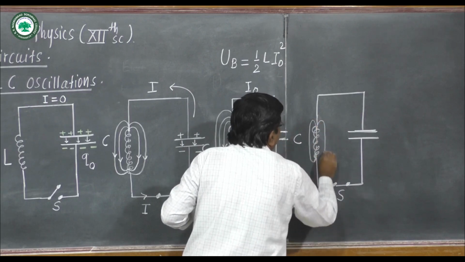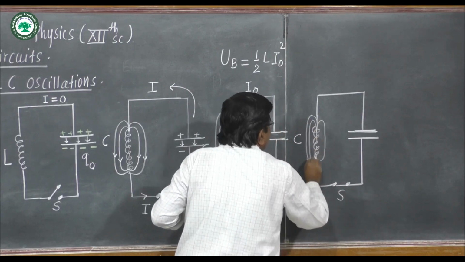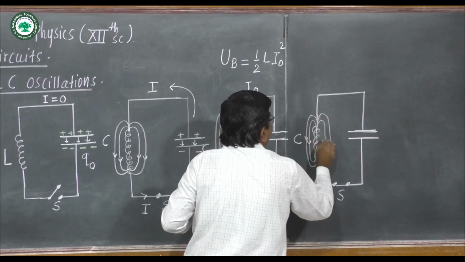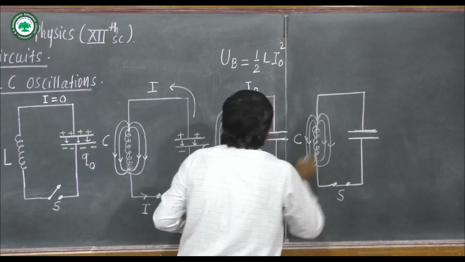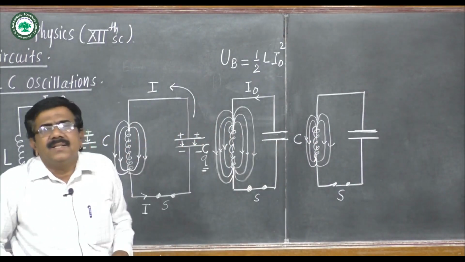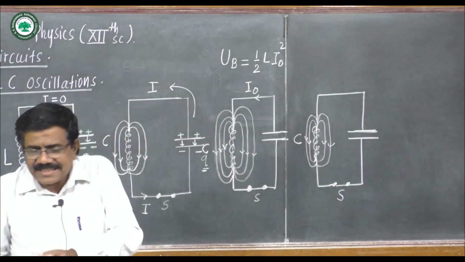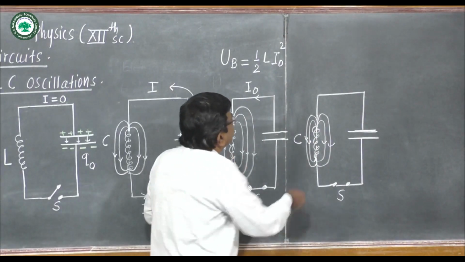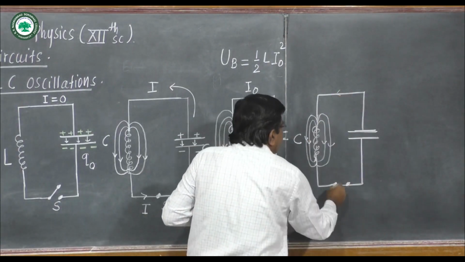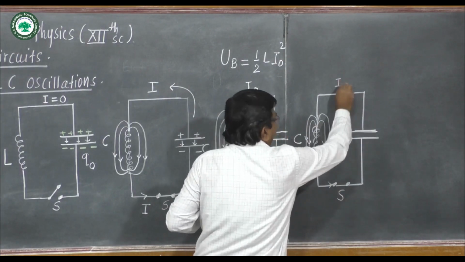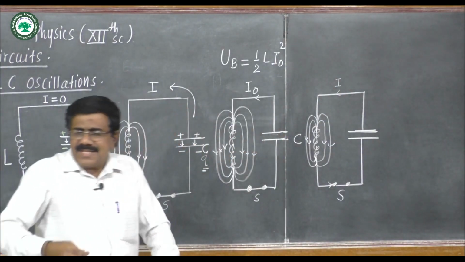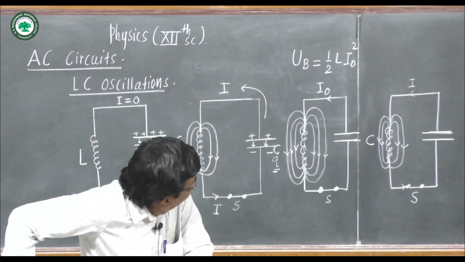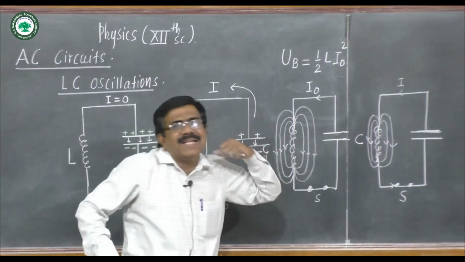This is the magnetic field around the inductor. In this figure, the capacitor is completely discharged. The current is again in the same direction. What happens after the capacitor is completely discharged?